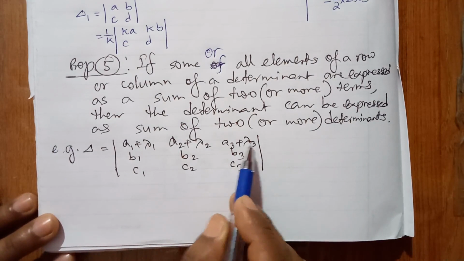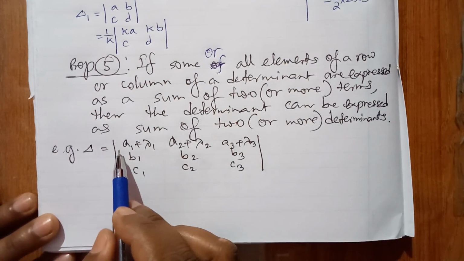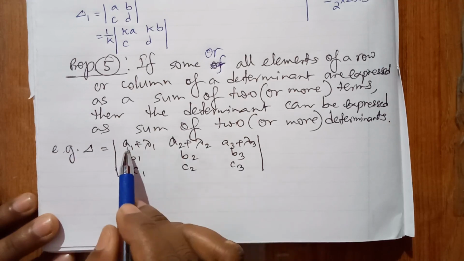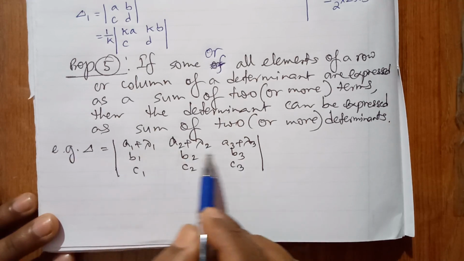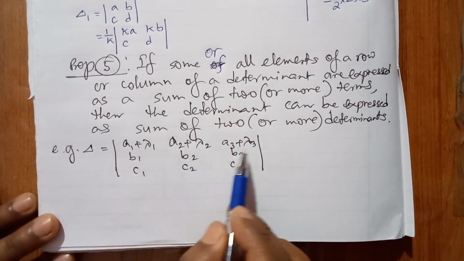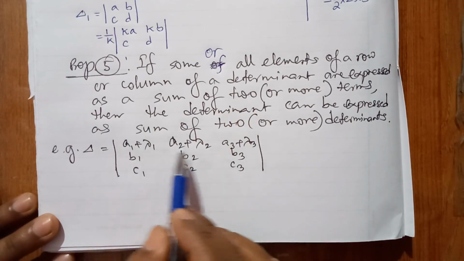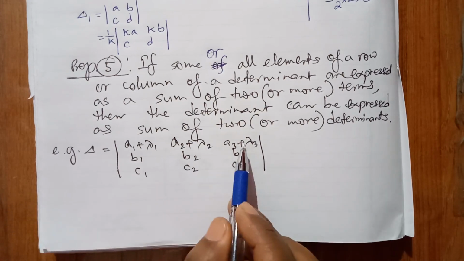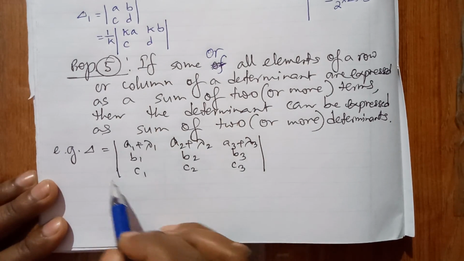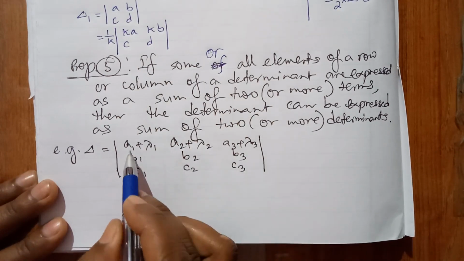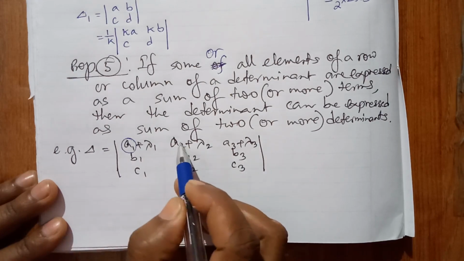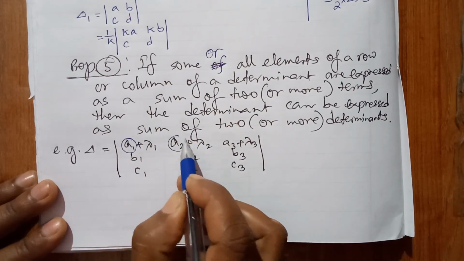Row 1 elements, you see, are expressions having 2 terms. Each and every element in row 1 contains a sum of 2 terms. So based on row 1, you can break the whole determinant into 2 parts. In one part, the first term of each element in the first row will be used.